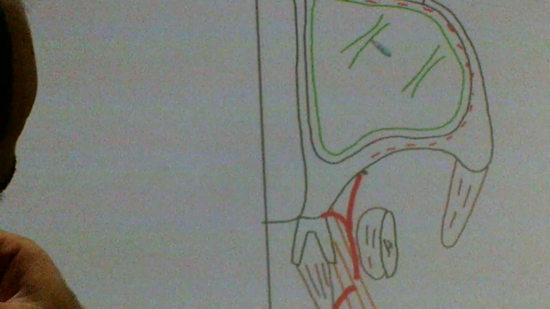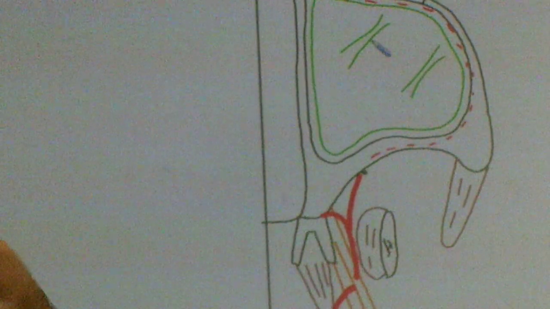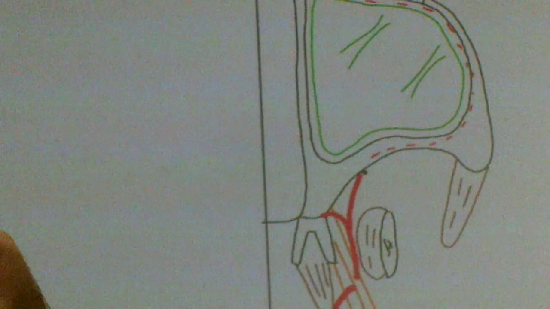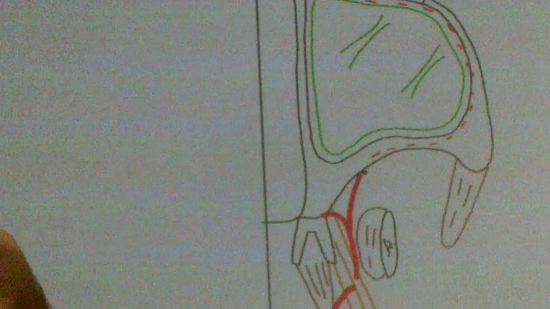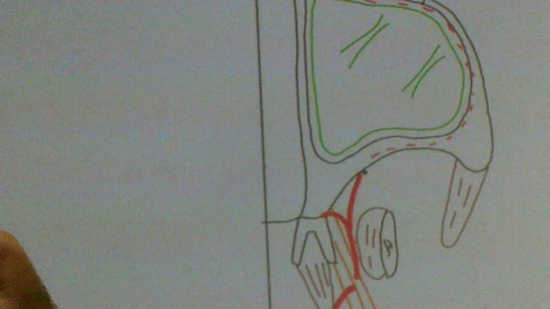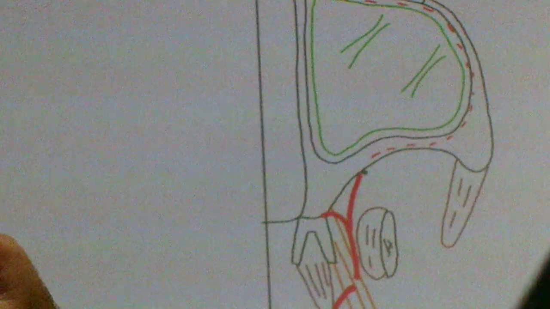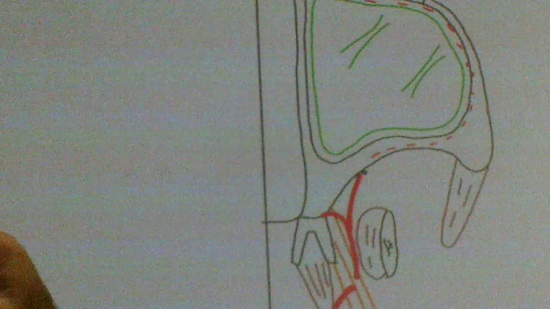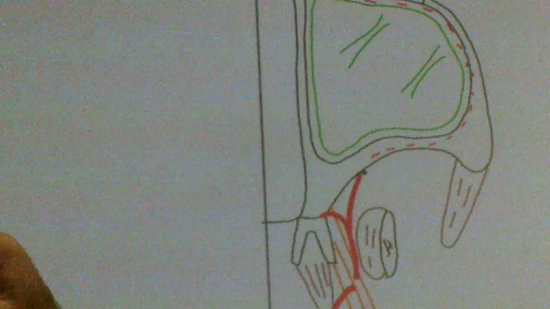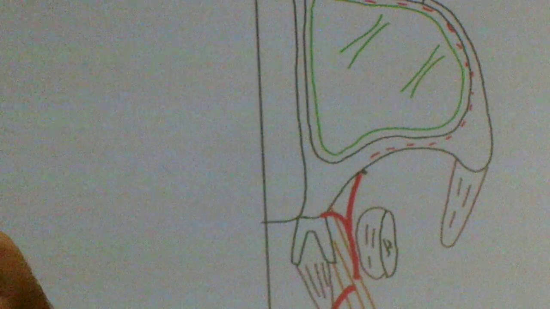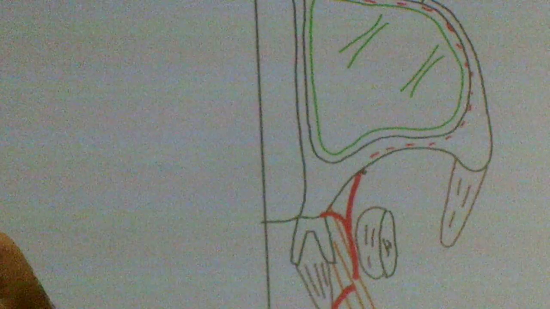And here it's possible to represent the maxillary artery. This way. So here is the external carotid. Here the maxillary artery, which is coming across the lateral pterygoid, which is ending in the maxilla.